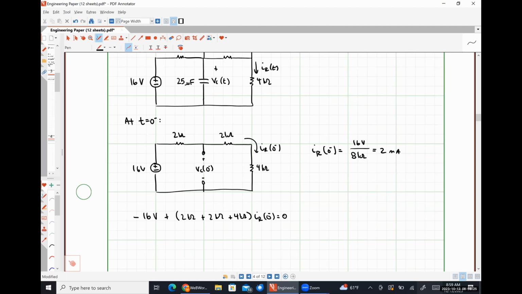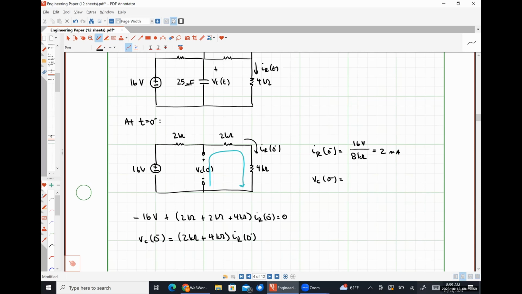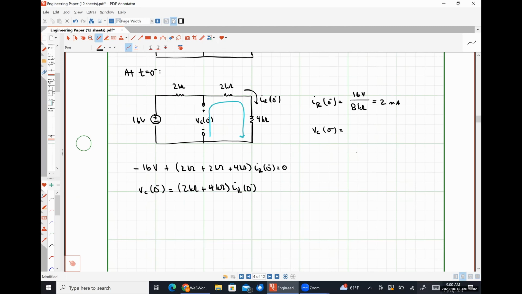And again, we could have gotten that same thing really just using Ohm's law if we had so chosen. Knowing that resistor current, how do we find VC at 0 minus? Kirchhoff's voltage law around this path tells us that VC at 0 minus will be equal to 2 kilo ohms plus 4 kilo ohms times IR at 0 minus. So 6 kilo ohms times 2 milliamps is 12 volts.